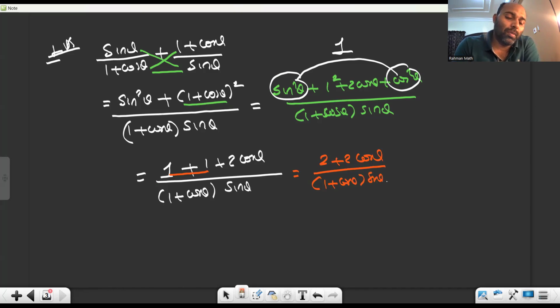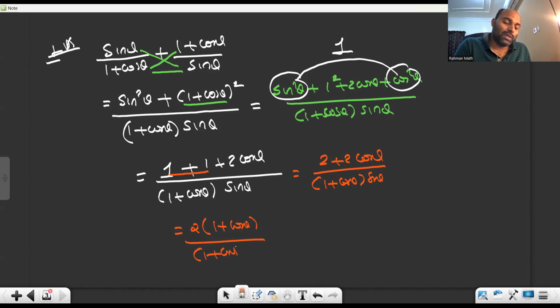Please take the common term out of the numerator. 2 is common. How we did it previously, like that, take it out. So simply don't write it, I told you already. So 2 we took outside.